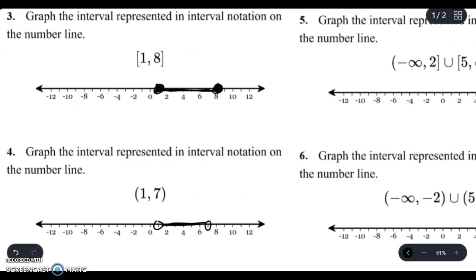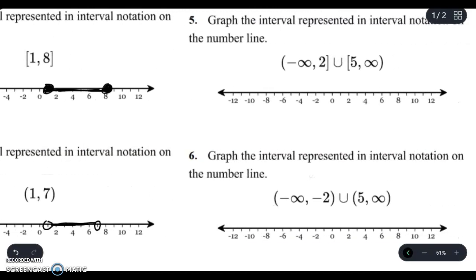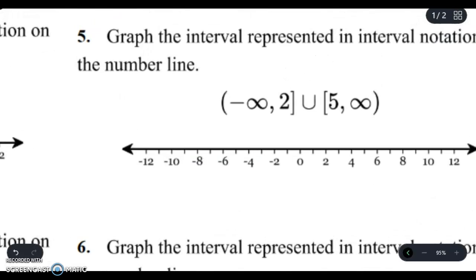All right, number 5 and number 6 are both ORs. They're going to go outward, one in one direction and one in the other direction. You can just do one at a time. So on number 5, we go to positive 2 with a bracket, so we close in the circle, and we go to negative infinity, which is to the left.